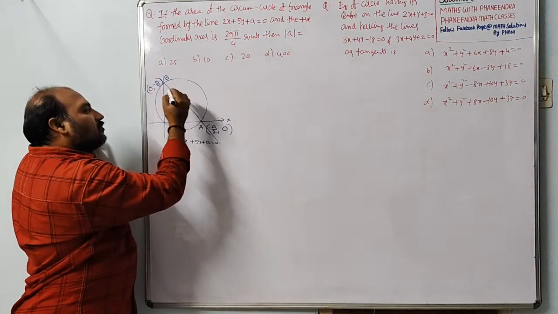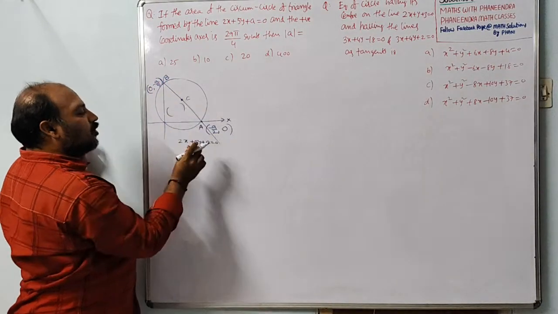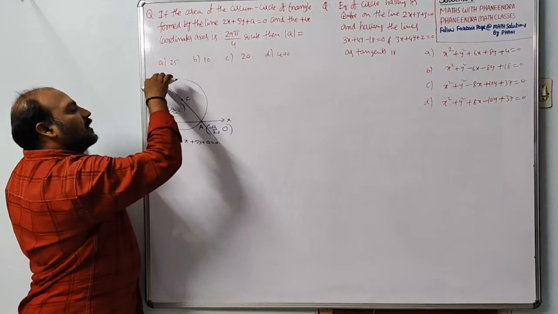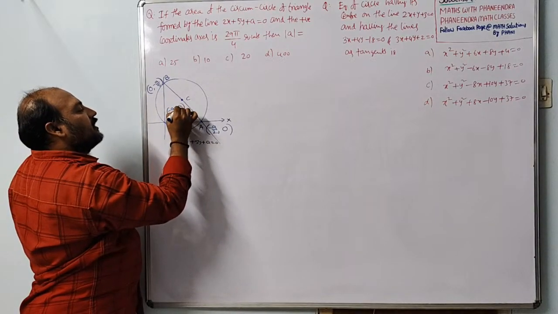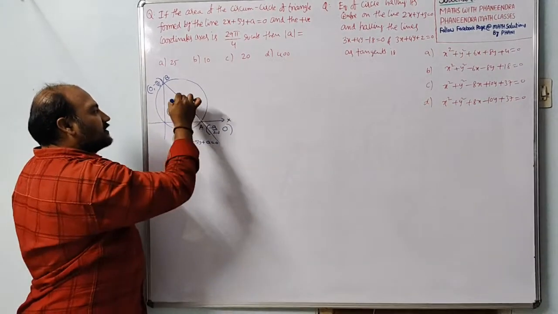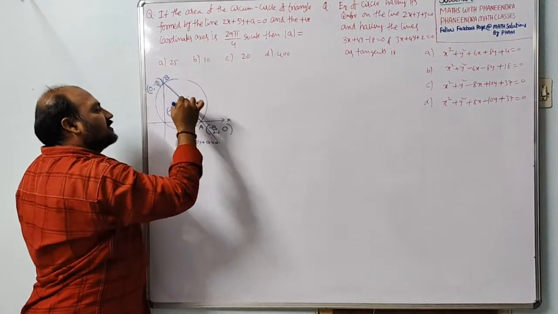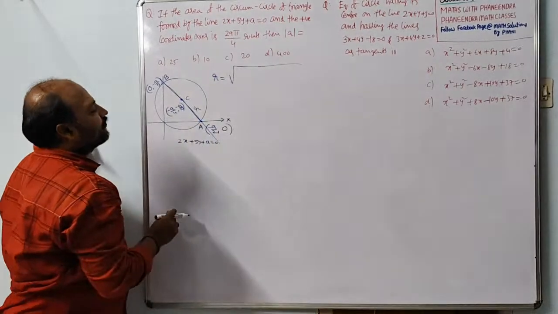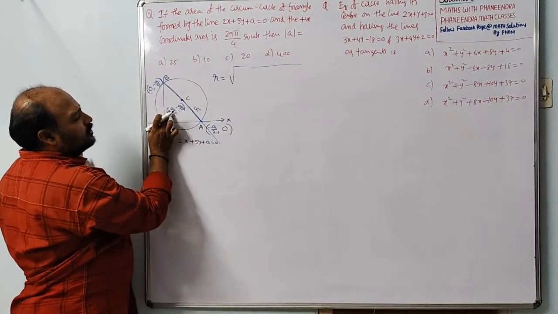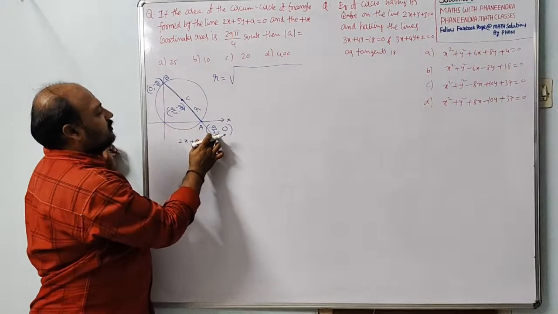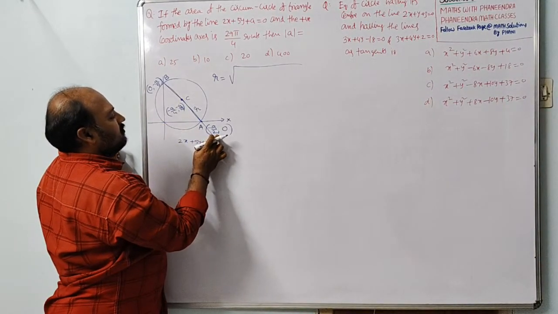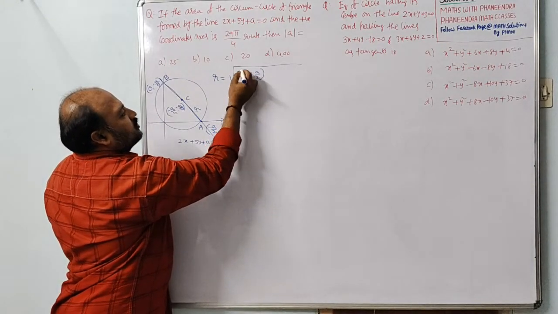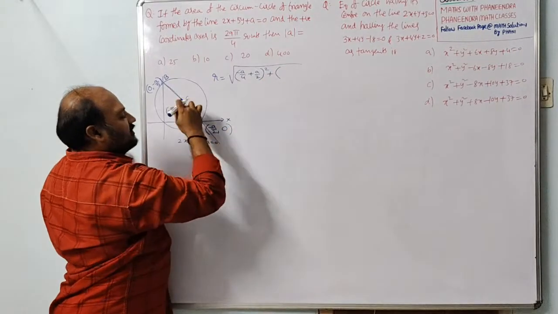Midpoint is the center only, no? Center C is equal to minus a by 2 by 2, that is minus a by 4, and minus a by 5 by 2, that is minus a by 10. So the radius, either this distance or this distance, is the radius. So radius is equal to root over minus a by 4 plus a by 2 whole square plus minus a by 10 whole square.